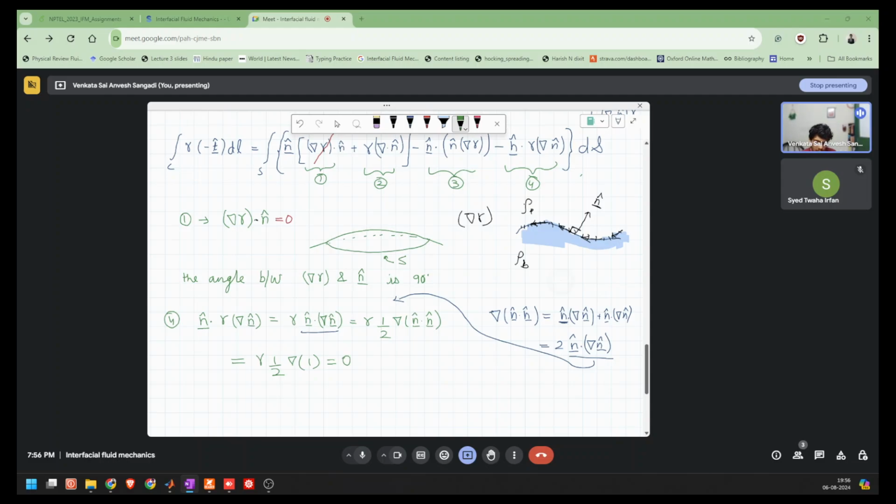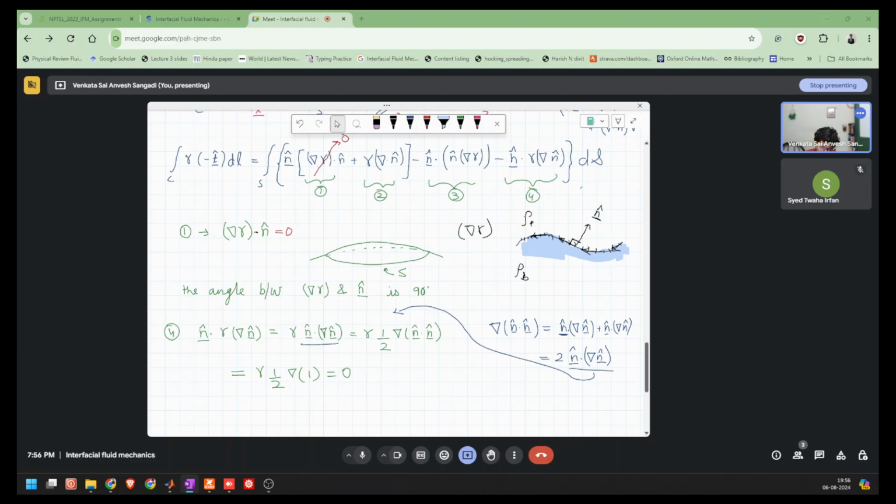So again we see that the fourth term drops out. This is identically equal to 0.